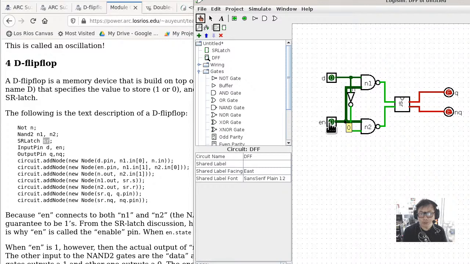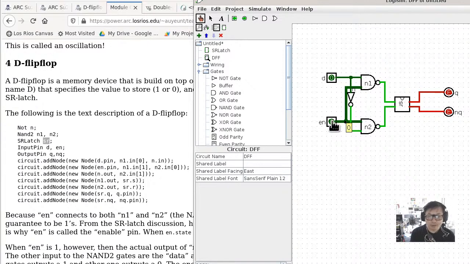So if I change En from a 0 to a 1, N2 is going to output a 0 over here. And we already know that if we change R of an SR latch to be a 0, it is resetting the state of the SR latch, which means Q is going to be a 0 and NQ is going to be a 1. That is the prediction, based on how we analyze the circuitry.